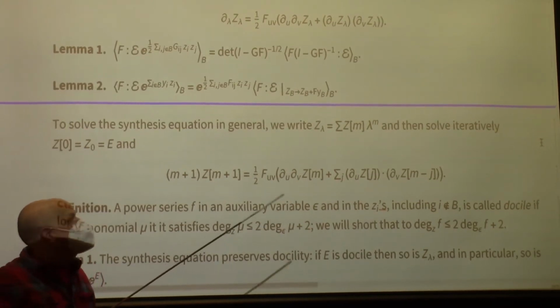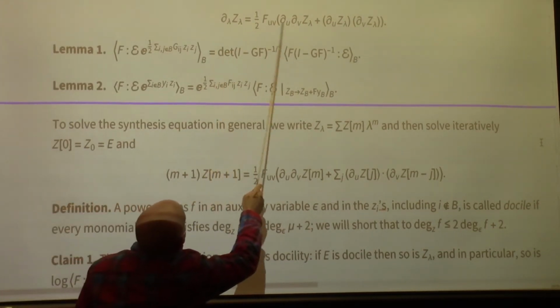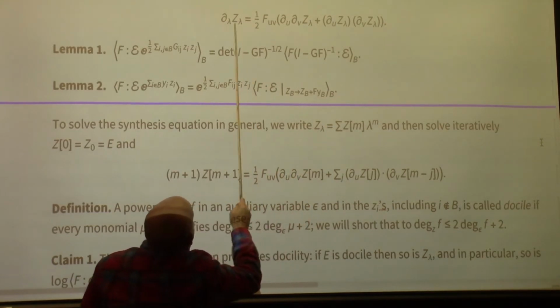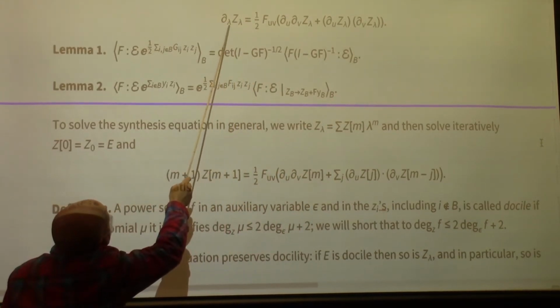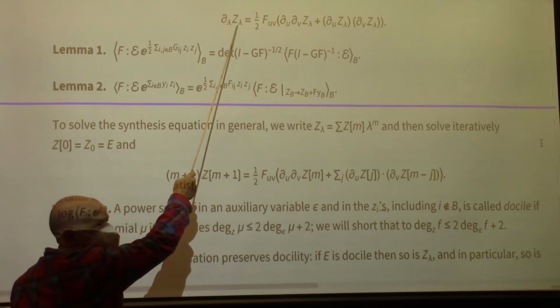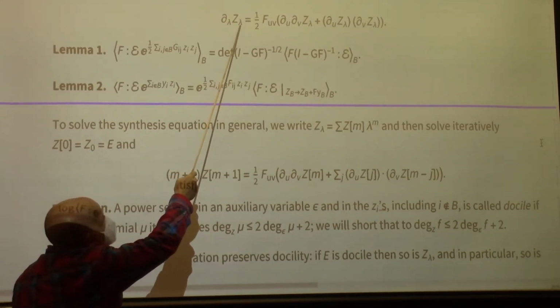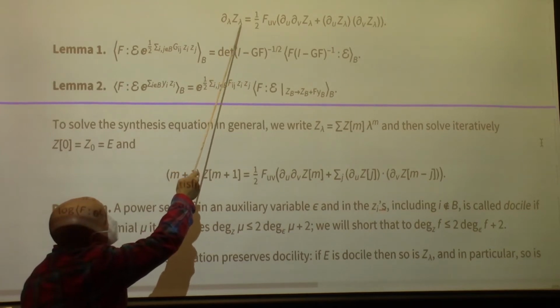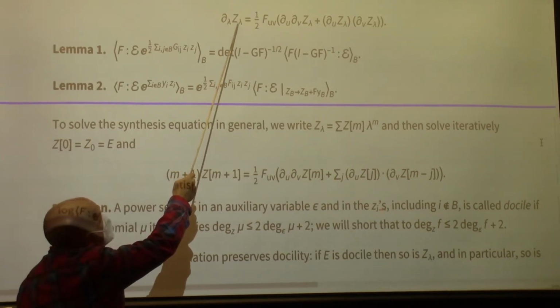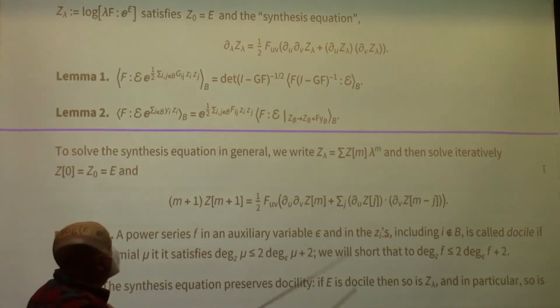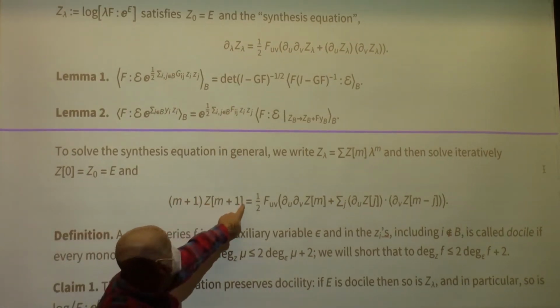So how do I get a term proportional to lambda to the m over here? I either look at the part of z lambda that has lambda to the m plus 1. So I look at z m plus 1, and differentiate it with respect to lambda, so I get m plus 1 times z of m plus 1.